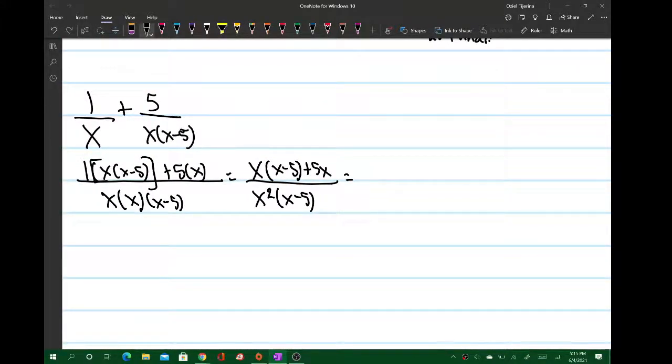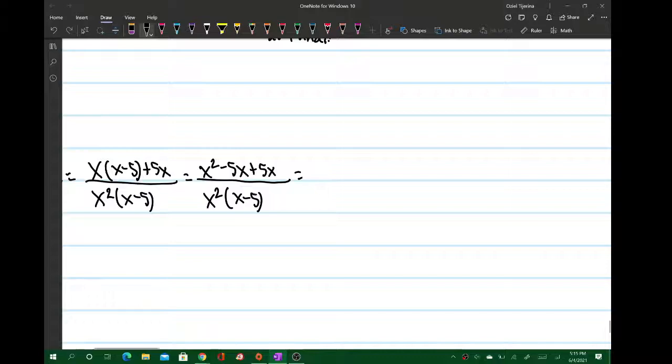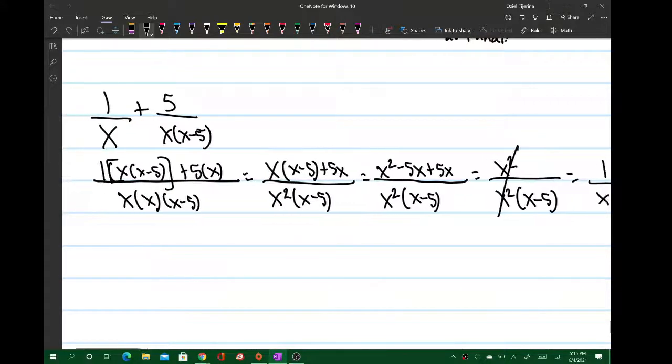This is equal to x squared minus 5x plus 5x over x squared times x minus 5. This is equal to x squared over the quantity x squared times x minus 5, which is equal to 1 over x minus 5.